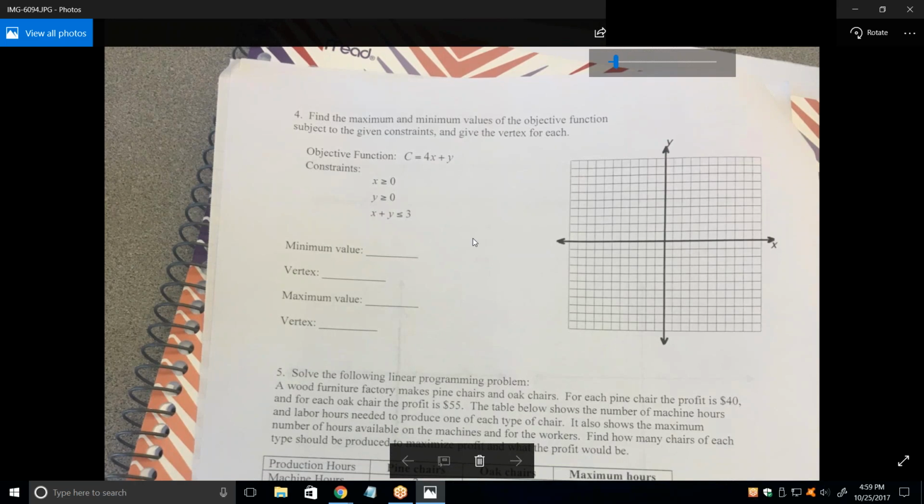We probably should have started on this one. This is linear programming. This might be the hardest part of Algebra 2. Why they start you off with it, I don't know. I would never do that to students. I would start off easy and get harder as we went on. But this is about as hard as it gets in Algebra 2.